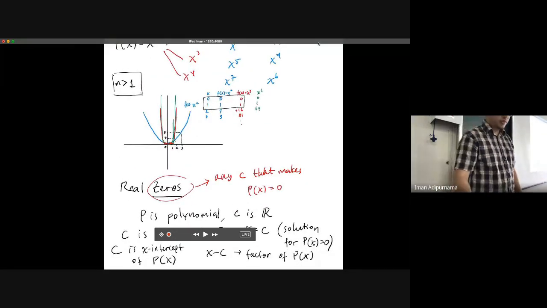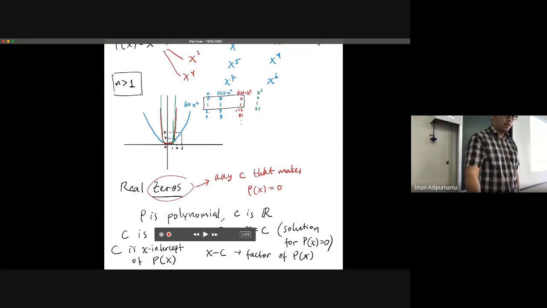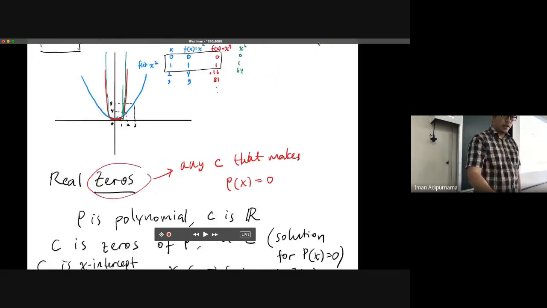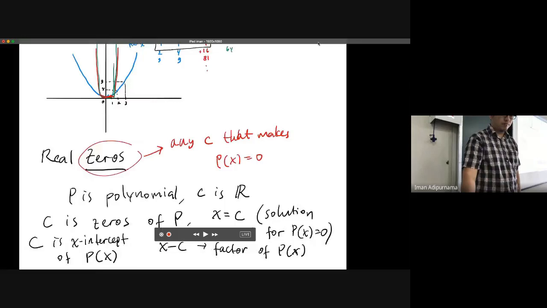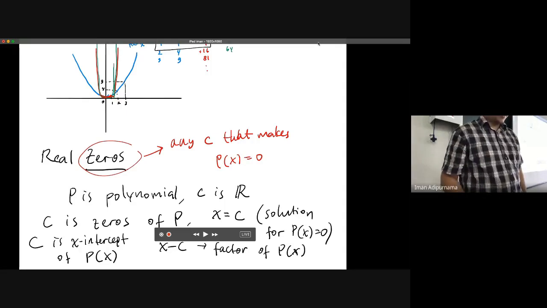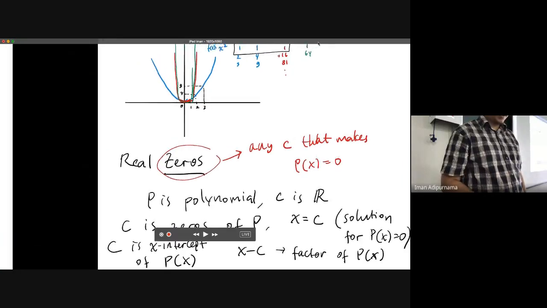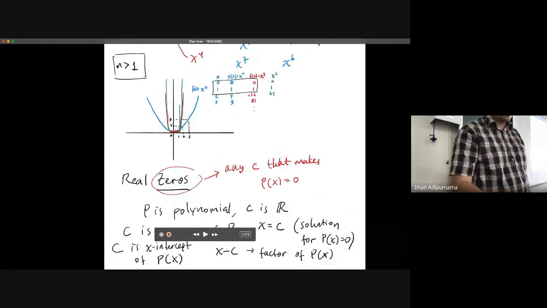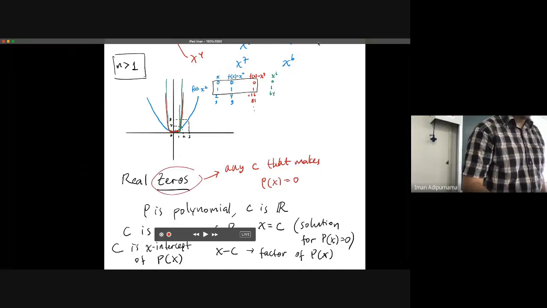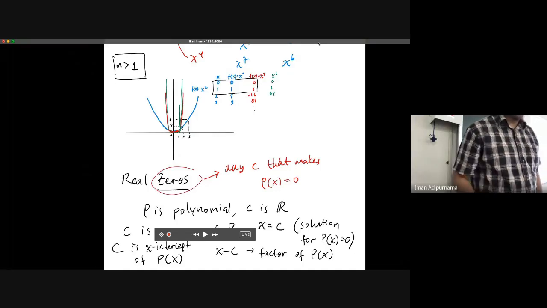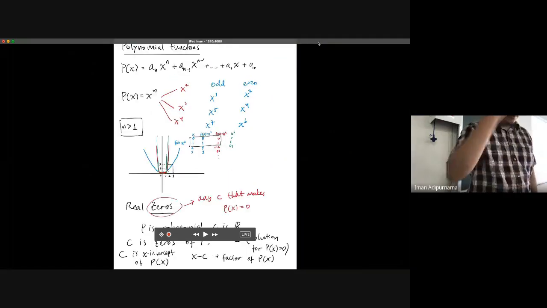So in polynomial, you have zeros. Just say c is our zero. When we have the polynomial equaling 0 and we want to solve, the solution will be x equals c, one of the solutions, and then x minus c will be the factor, and c itself is the x-intercept of the polynomial. I think this is very basic; I think you already did all of this.